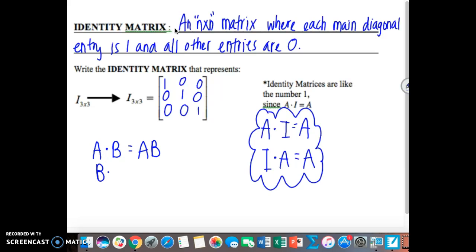If we take matrix B times matrix A, we write that as BA. It's important to understand that these two are not equal. It is a special case with the identity matrix where we have A times I equals A and I times A equals A.